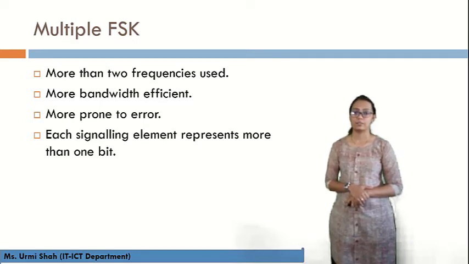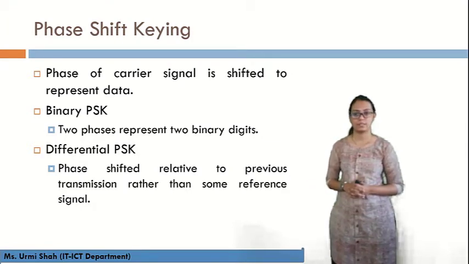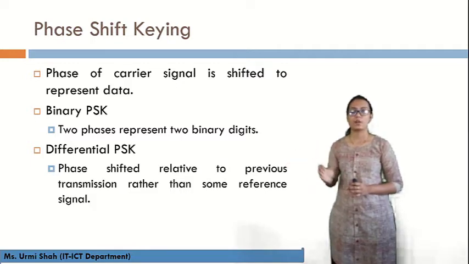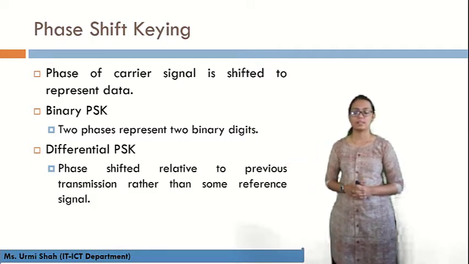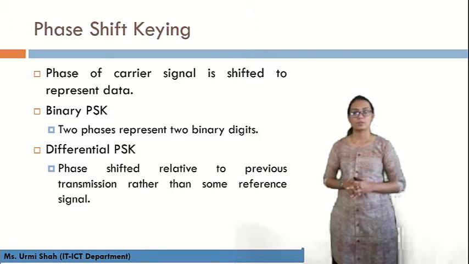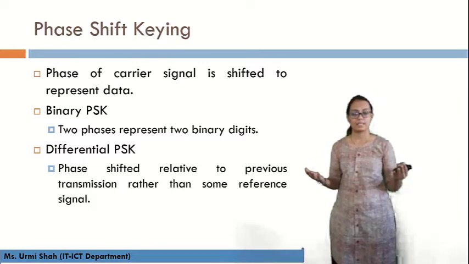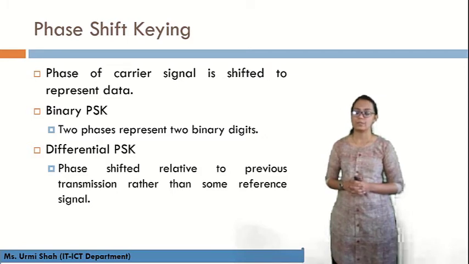Next, the different type of technique, the next category, is PSK. PSK stands for phase shift keying. The phase of the carrier signal is shifted to represent the data. So basically the phase parameter of the carrier is varied in accordance with the message signal, keeping amplitude and frequency parameters constant.